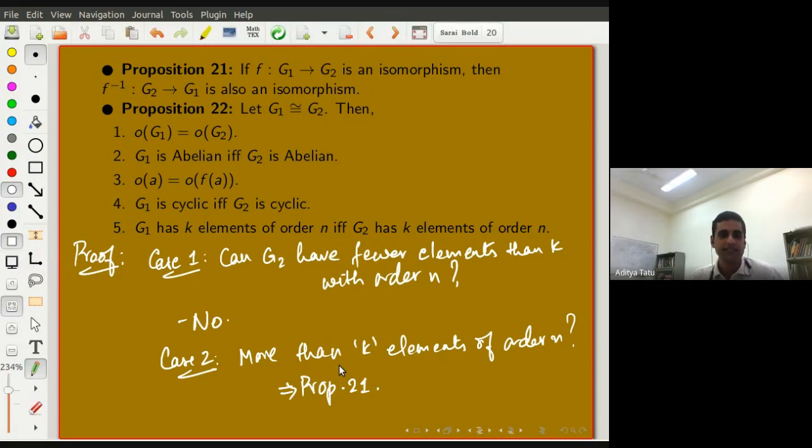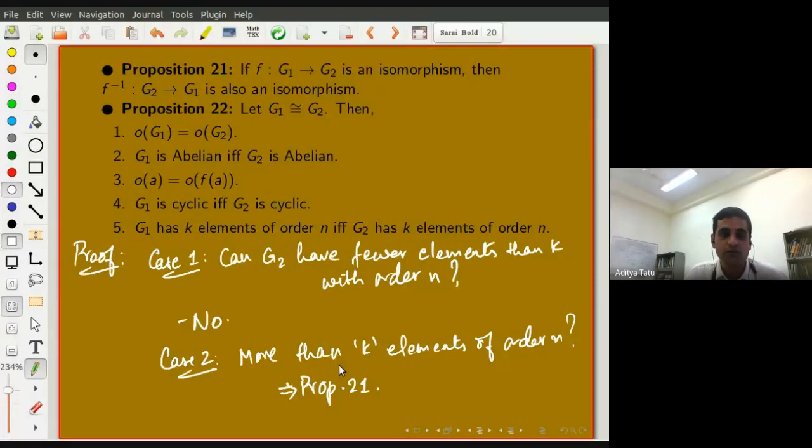You can see that isomorphism is a much stronger property between two groups than homomorphism. Homomorphism, in principle, you can have between any groups that you wish, right? Because the trivial homomorphism is, of course, always possible.